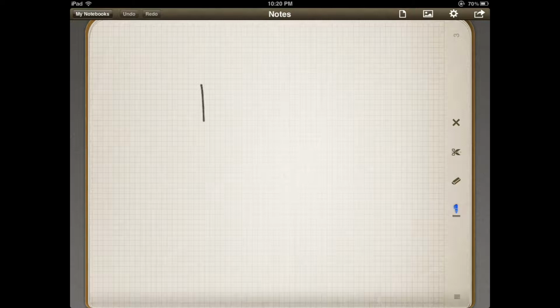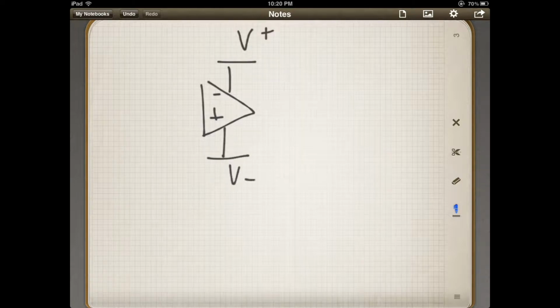Now there's also what's called dual rail, where you have a V plus rail and you can have a V minus rail. Now you can get a whole host of things. Let's say you've got maybe some equation of a line, and let's say that's easy, and it has no offset.